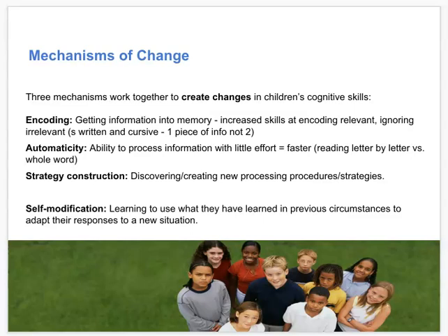And this is something that naturally increases with experience and with age. This last one, self-modification, is linked very closely to strategy construction. Self-modification is learning to use what they have learned in previous circumstances to adapt their responses to a new situation.